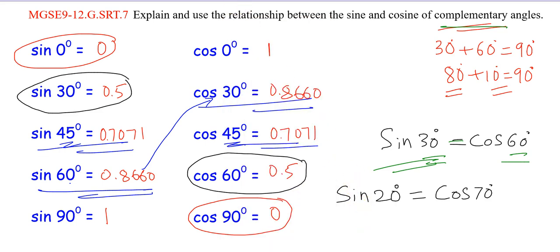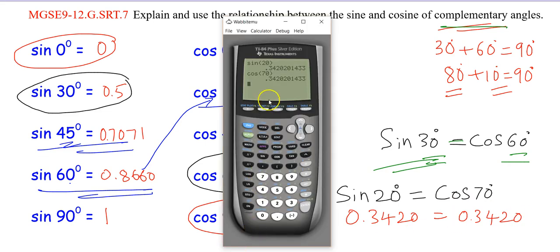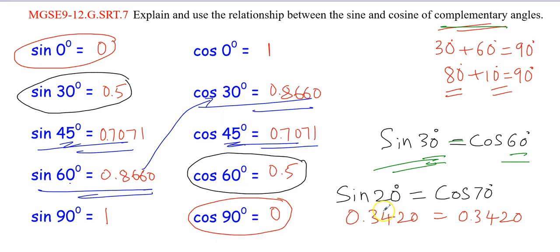So the sine of an angle is equal to the cosine of its complement.